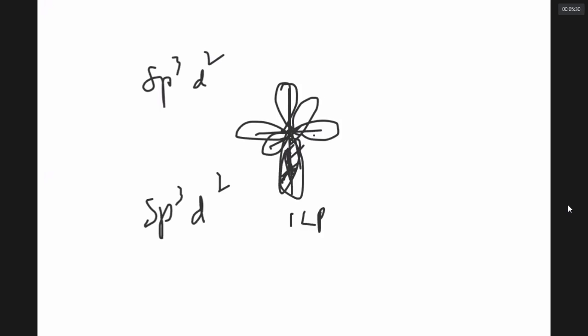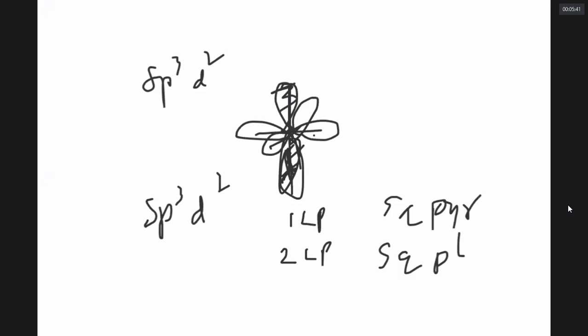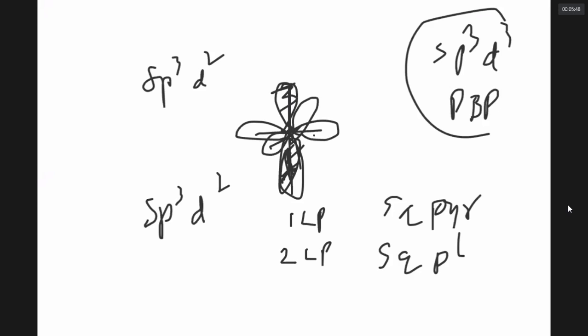Square pyramid. If there are 2 lone pairs, square planar. If it is sp3d3, the shape is pentagonal bipyramid. Let's forget about that.